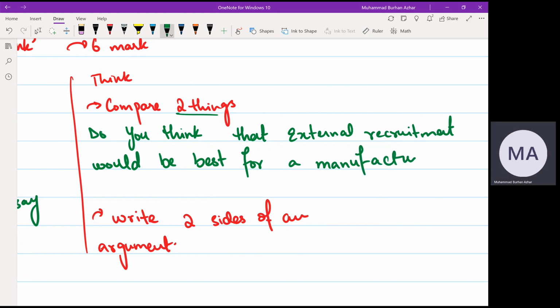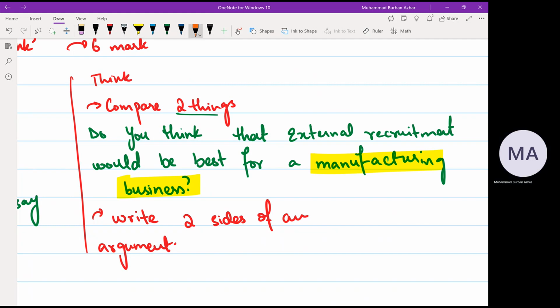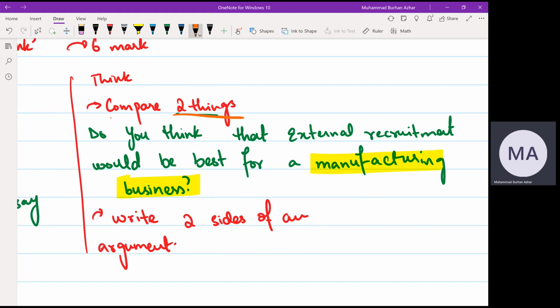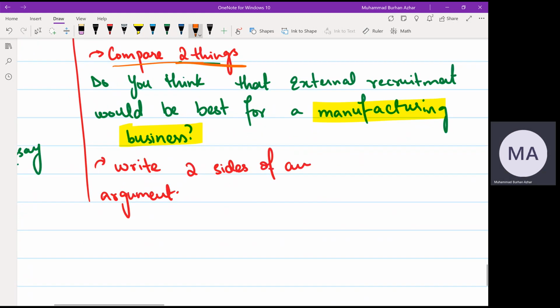So this question is not for that specific case, but उसने manufacturing business का मुझे case दे दिया. So now my question should focus on manufacturing business generally. I do not have to apply that to the case study. मगर it is a comparison between internal versus external recruitment. So इस तरह का question is that is asking me to compare two things.